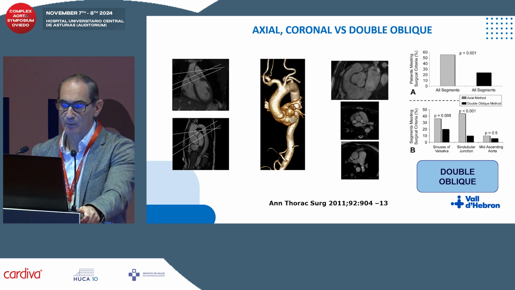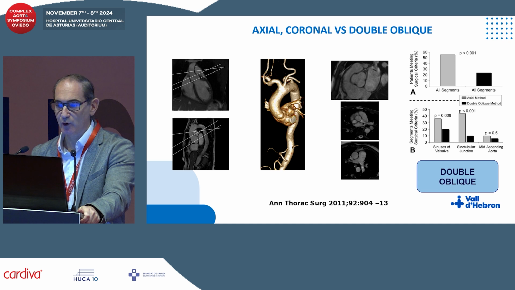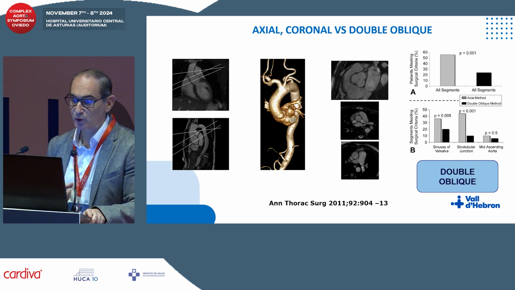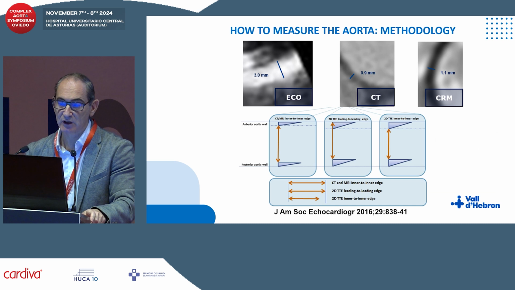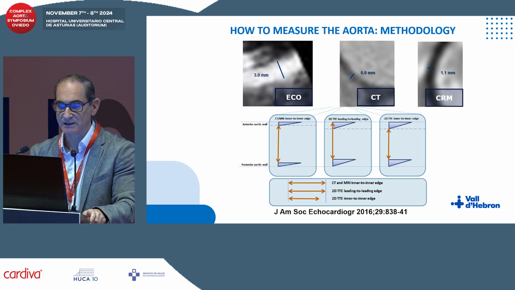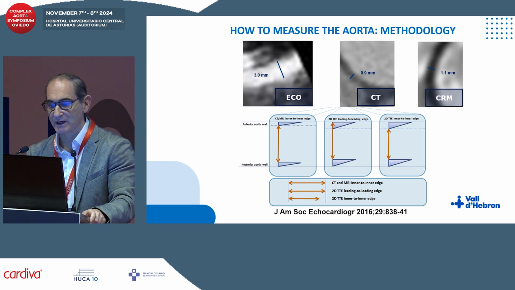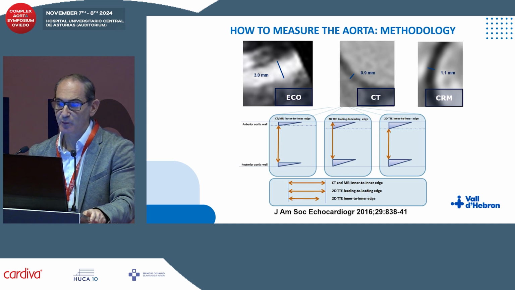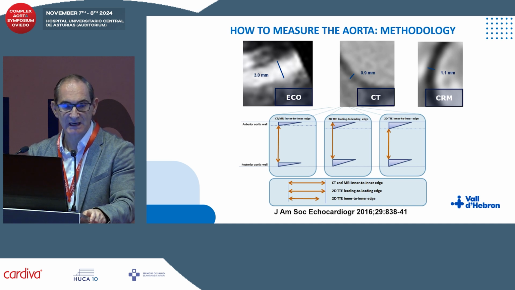Another important point is that when we are comparing echo, CMR, and CT, it's important to know that we have different conventions for measuring: leading edge to leading edge, outer edge to outer edge, or inner to inner. Using different imaging modalities, we have different sizes or thickness of the aortic wall.